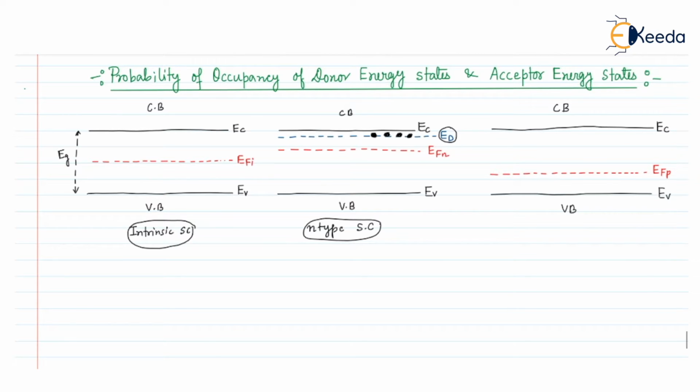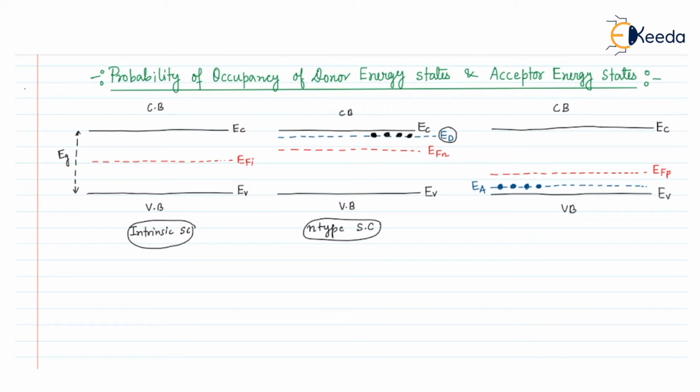Now another virtual energy level will be created near the valence band, like this, and this is the acceptor energy level EA. On this acceptor energy level, acceptor atoms will reside. These blue atoms are the acceptor atoms residing on the acceptor energy level.